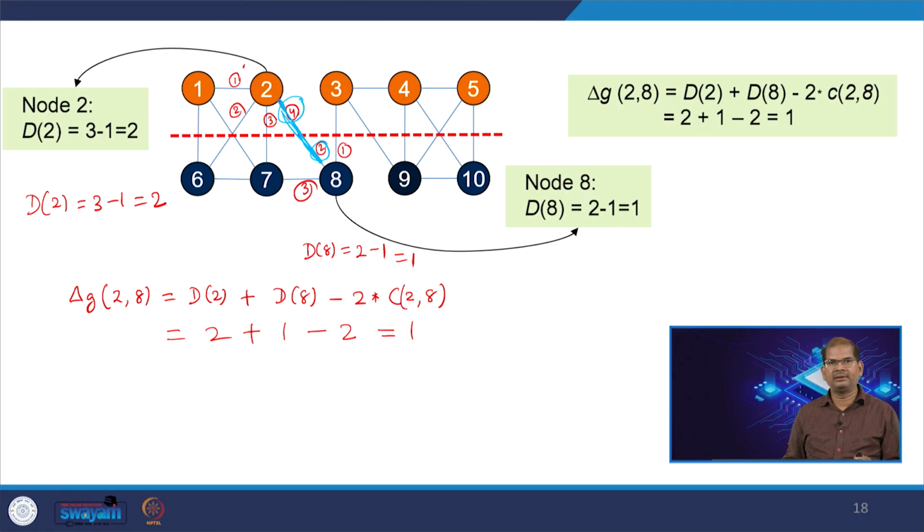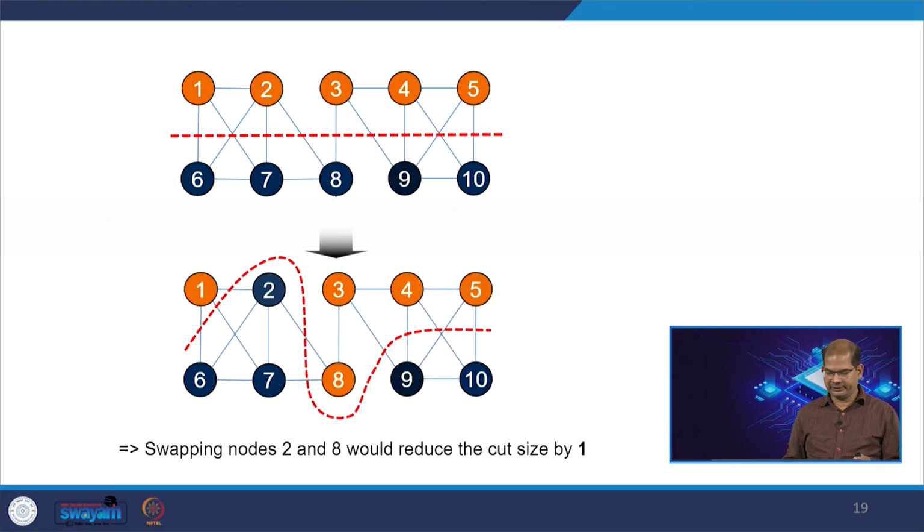So, we have delta G greater than 0, so we are moving 2 and 8. If I move 2 and 8, this is my new partition. In the new partition, 2 and 8 are swapped: 2 goes to one partition and 8 goes to the other. This will reduce the total cut cost by 1. Earlier I had 1, 2, 3, 4, 5, 6, 7, 8, 9, 10, 11 cuts. Now, with this approach, I have 1, 2, 3, 4, 5, 6, 7, 8, 9, 10.